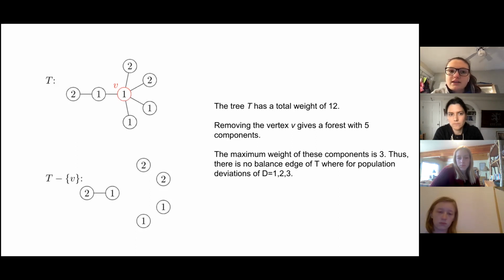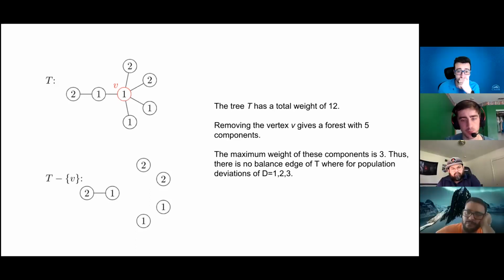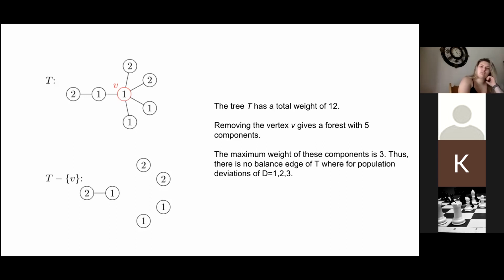In this case, when you remove the vertex V that's highlighted in red, you get a forest, which is basically a bunch of disconnected trees, with 5 components. And all of these components have total weight less than half. So there's also no edge in this tree that would split it into exactly half. This is actually true for all trees if they have a vertex like this.